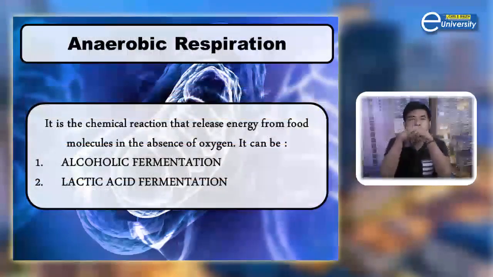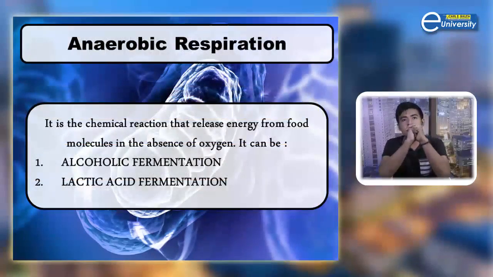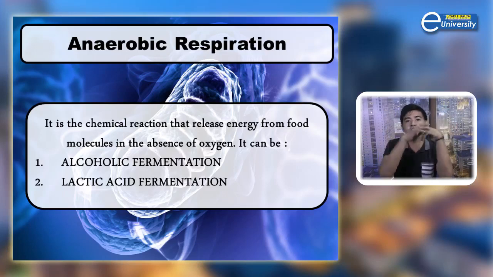So let's proceed to the examples of anaerobic respiration. When we say anaerobic respiration, it is a chemical reaction that releases energy from food molecules in the absence of oxygen. It can be alcoholic fermentation or lactic acid fermentation. In alcoholic fermentation, in the absence of oxygen, the unicellular fungus, also called yeast, converts pyruvate into carbon dioxide and ethanol.